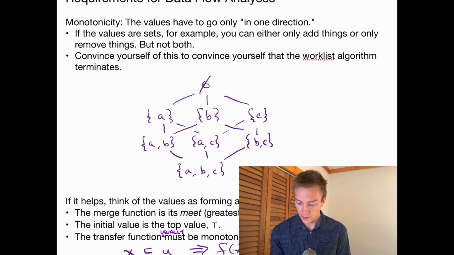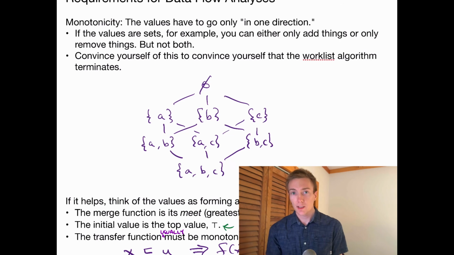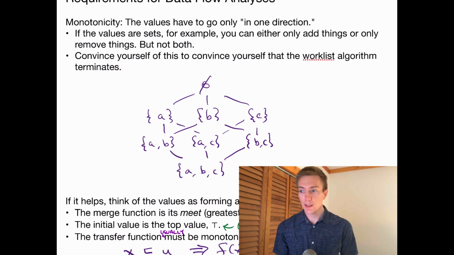For this partial order, the meet is the union operator. So by picking the partial order, you kind of fill out the entire recipe for doing data flow. The initial value has to be the top value, here the empty set, and then your transfer function has to be monotonic with respect to the order.